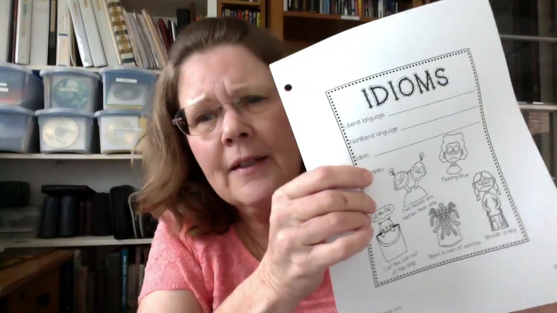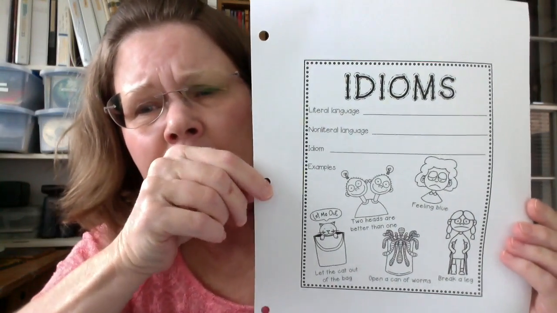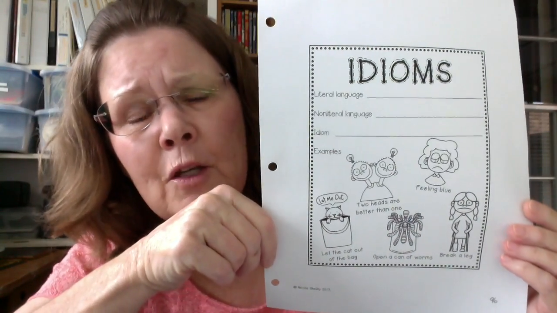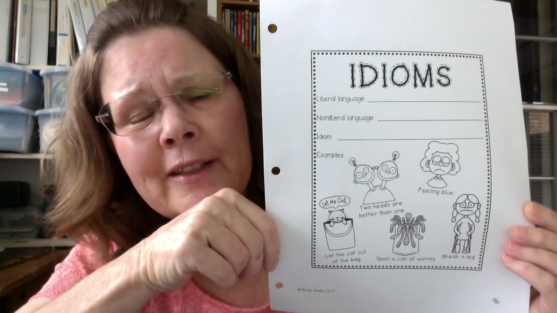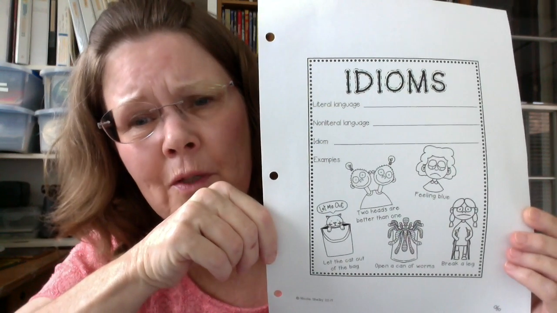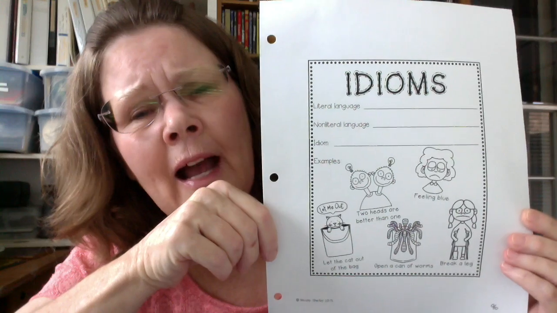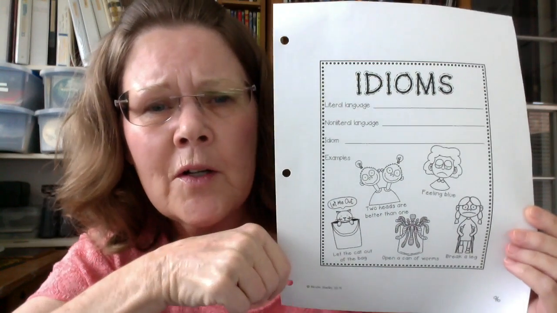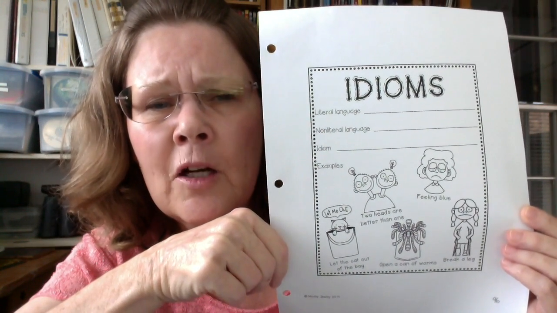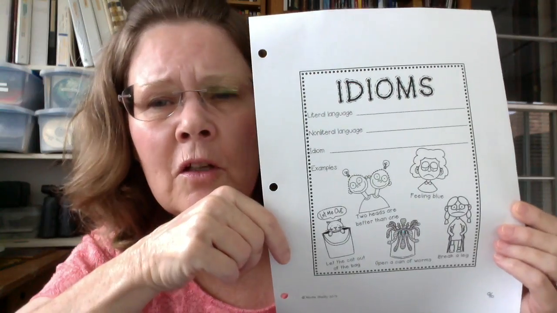Okay, so you have a page that you're going to make. It looks like this. All right, so you're going to cut it up so that you can put it in your composition book. But actually, let's go ahead and write on it first, and then it'll be easier to glue it on.